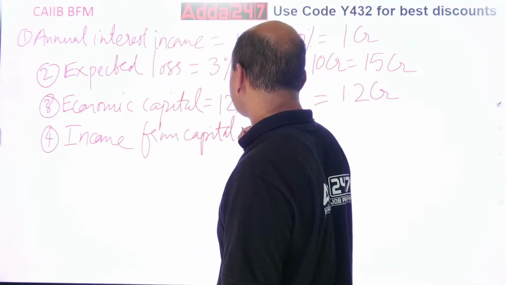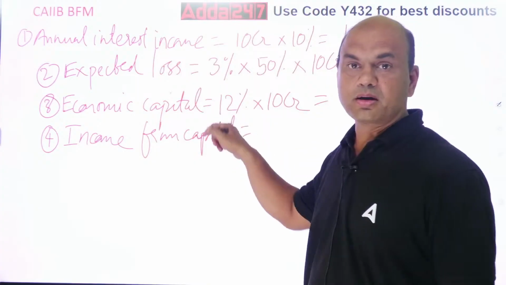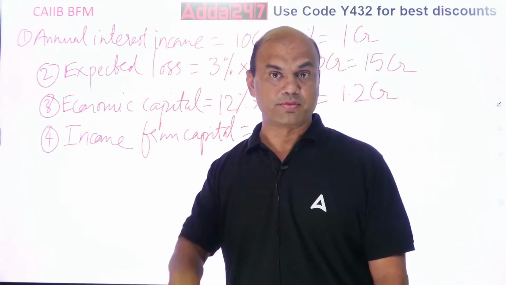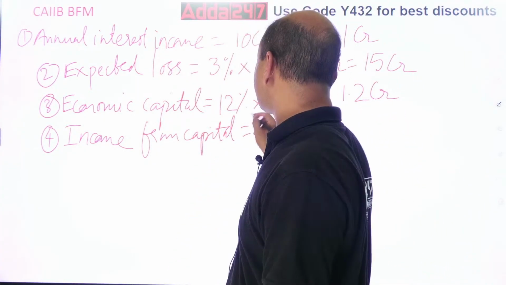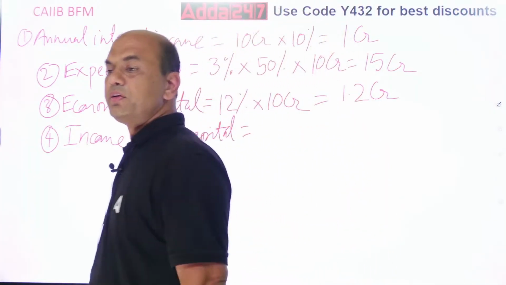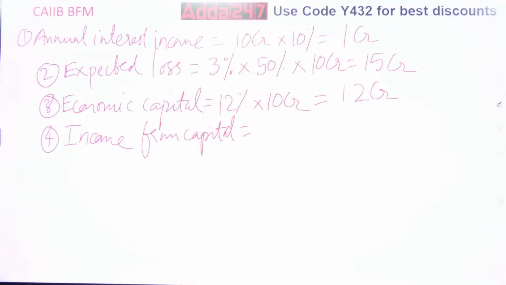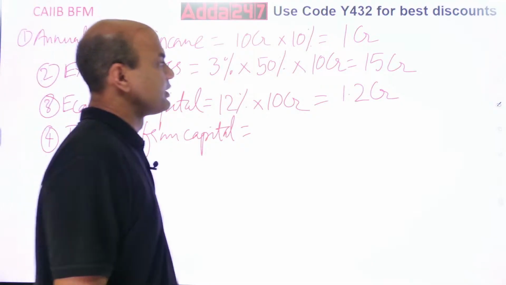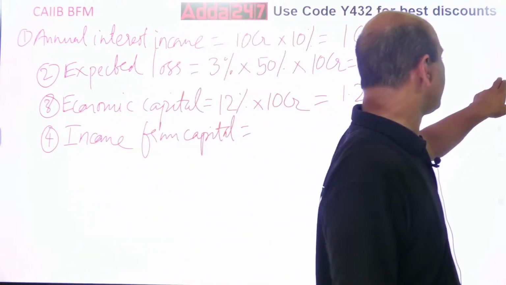There is 1 mark per element, so you have 5 marks. Economic capital is 1.2 CR. You have to multiply this economic capital by the risk-free rate. The FD rate was given, right?